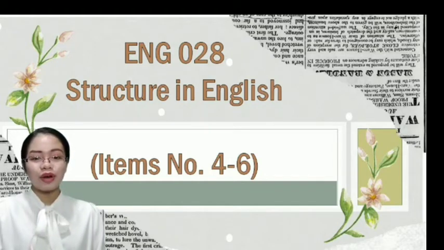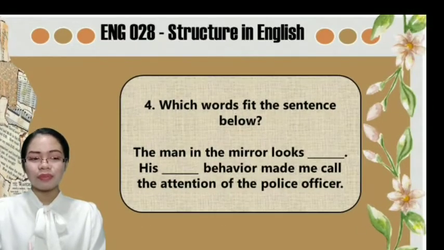So let's move on to our next subject, which is English structure. Question number 4. Which words fit the sentence below? The man in the mirror looks blank. His blank behavior made me call the attention of the police officer.